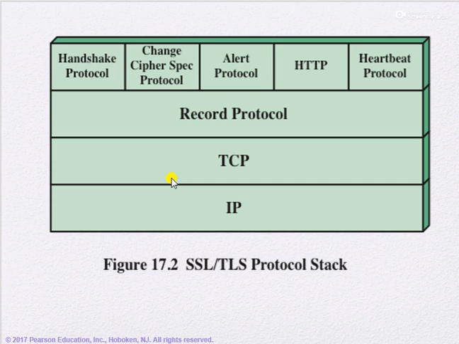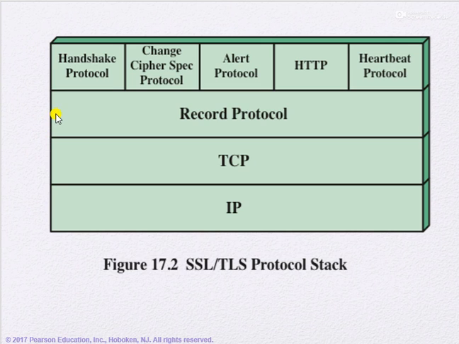TLS by itself is not a single protocol, it is instead a set of protocols which are implemented on two layers as shown here: the IP protocol on the network layer, the TCP protocol on the transport layer, and then the application layer. As I told you, TLS is a set of protocols on these two layers.